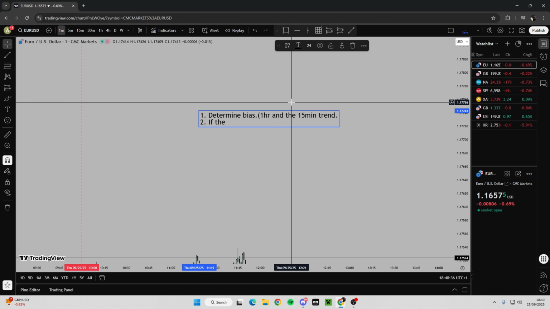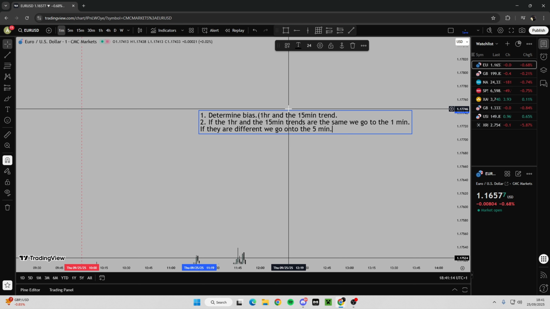If the 1 hour and the 15-minute trends are the same, we go to the 1 minute. If they are different, we go onto the 5 minute. There we go. Okay, so that's step 1 and 2.